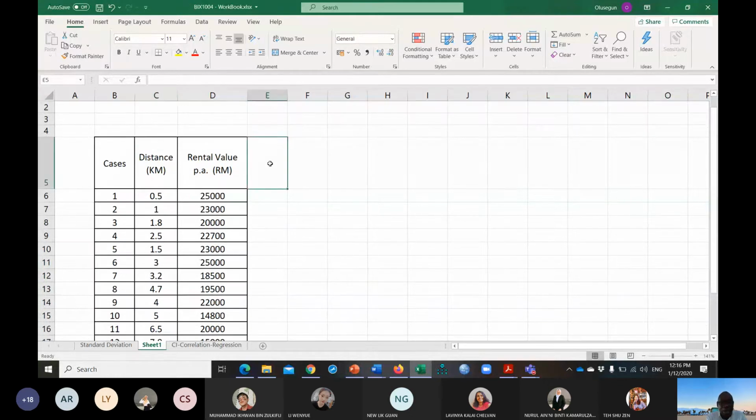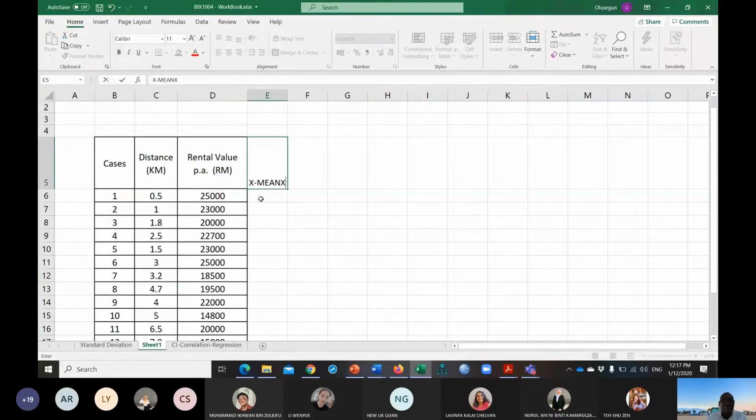That is, distance minus the mean, by D. We do X minus the mean of X, and we square it.